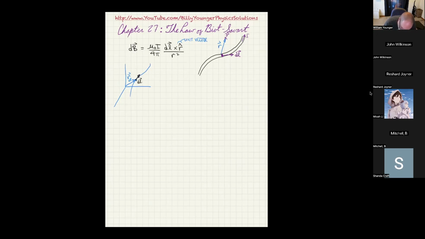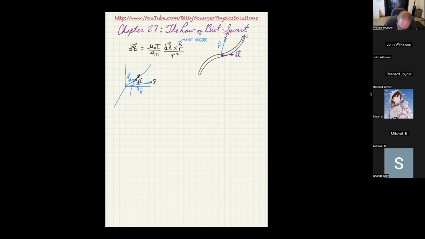And then there's another vector that points, say, to P, which is the point at which we wish to know the magnetic field, like that.